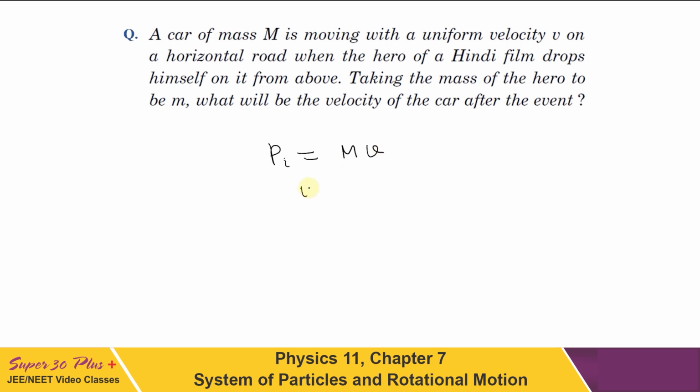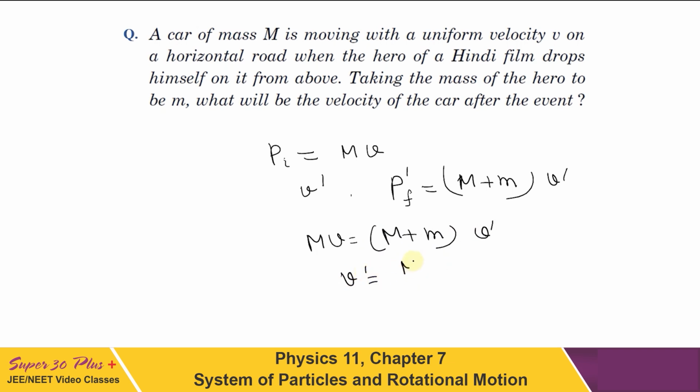Let that velocity be v dashed, and we can write final horizontal momentum to be equal to m plus m, both are moving with the same speed, v dashed. On equating these two, we will get mv equal to m plus m v dashed, so v dashed is mv upon m plus m. So this is the velocity with which both will move as a whole system in horizontal direction.